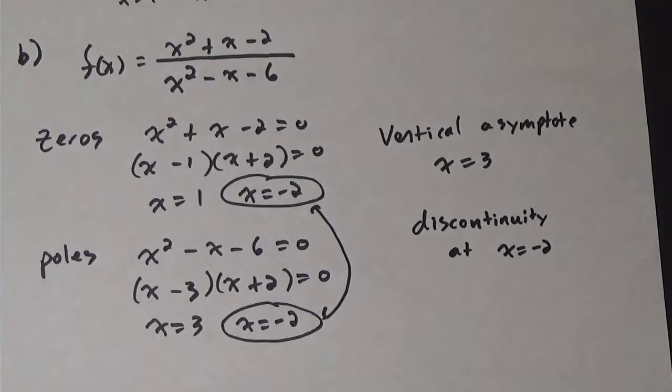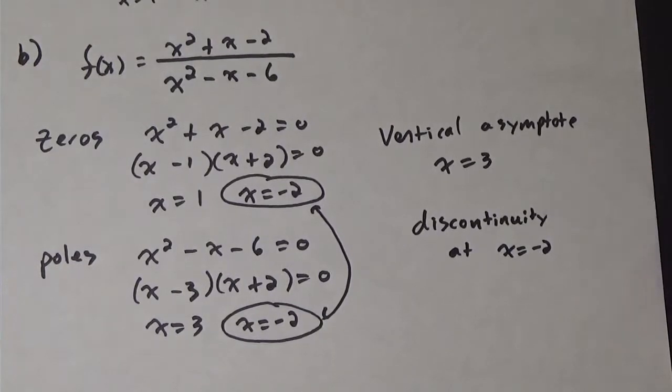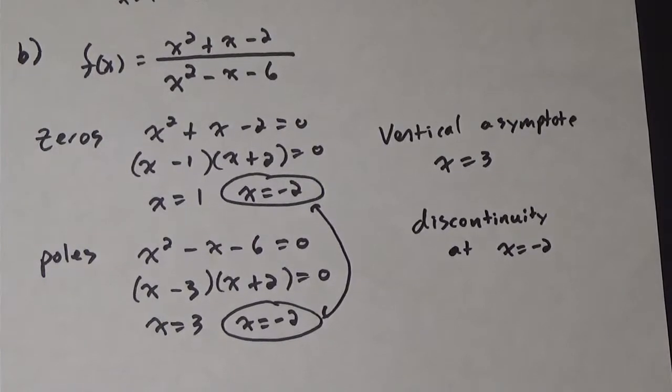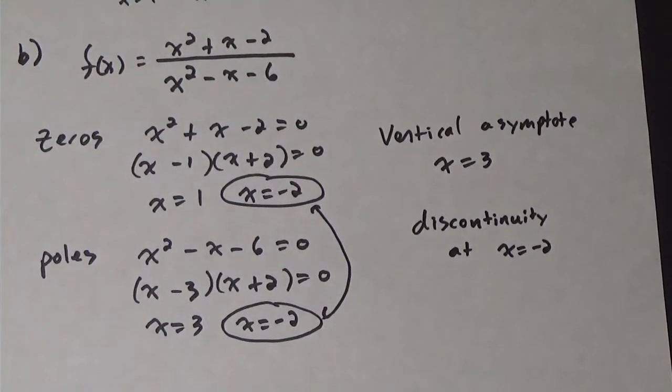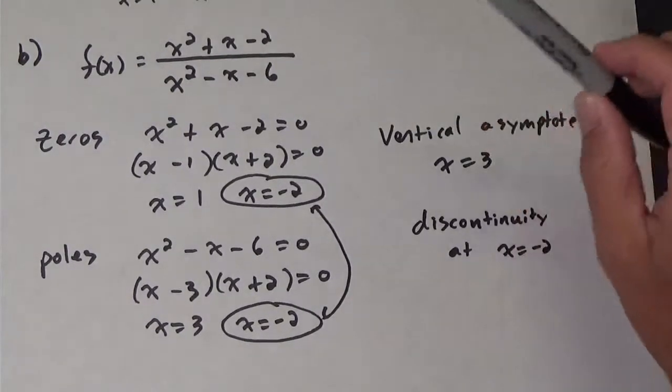All right, so there's a good review of finding vertical asymptotes and removable discontinuities. One thing to note is last year in pre-calculus we called this a hole, not a discontinuity, but we have gotten to the point where we have to call it a removable discontinuity. But that's okay.